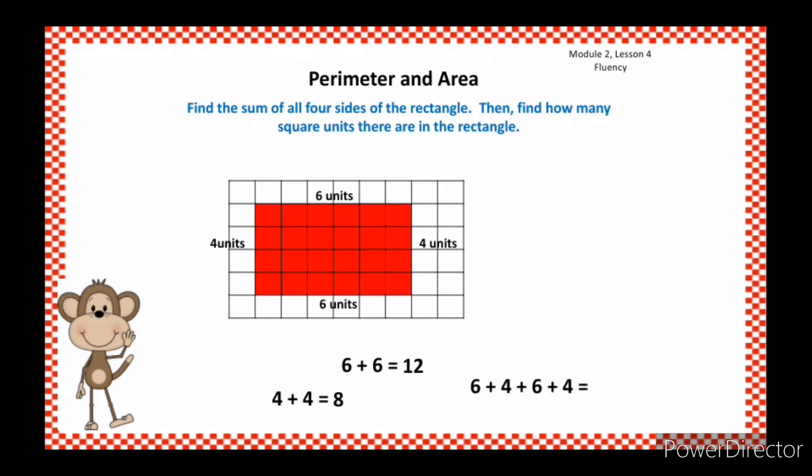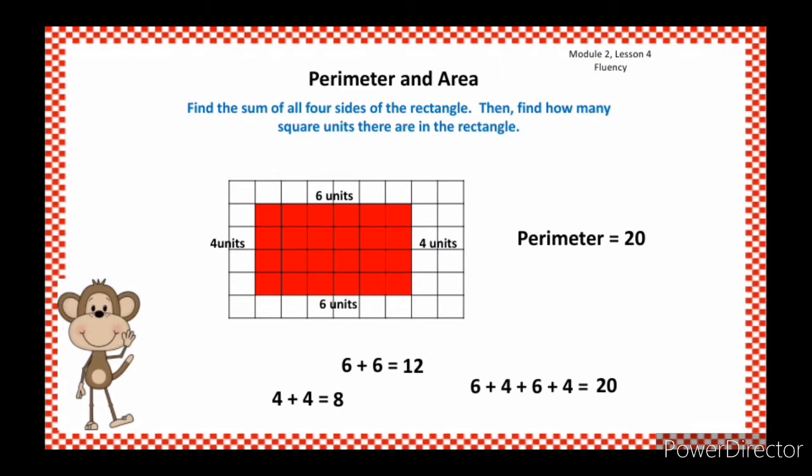So to get the distance round the figure, we'll add all the sides. So we have 6 plus 4 plus 6 plus 4. And what's the answer? Beautiful. That is 20 units. And remember, we said the distance round a figure is what we call perimeter. So our perimeter is equal to 20 units.